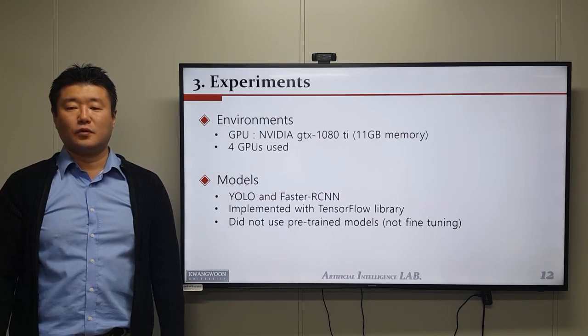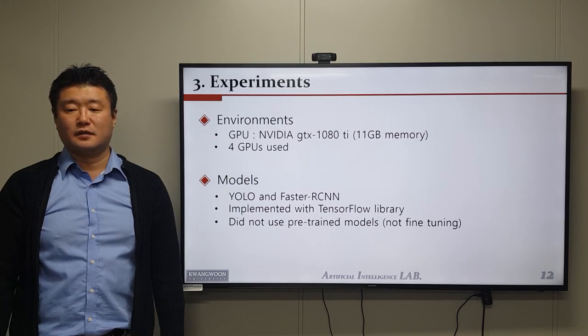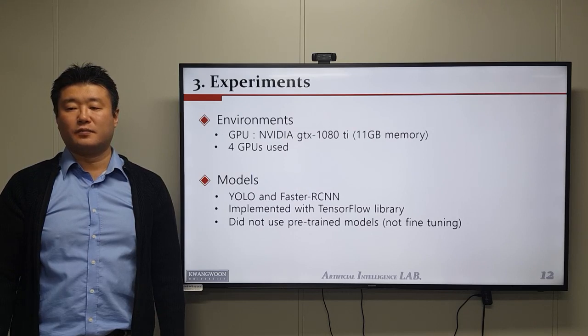We use YOLO and Faster RCNN. They are well-known object detection models. We used a model implemented with the TensorFlow library and did not use pre-trained models.